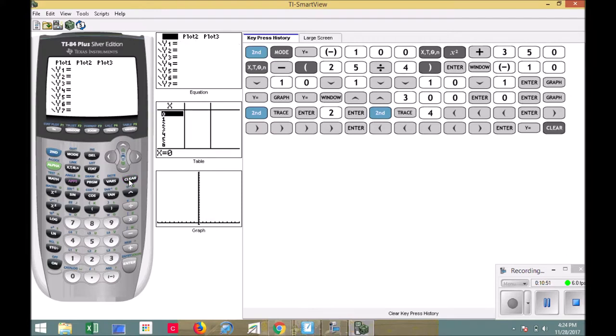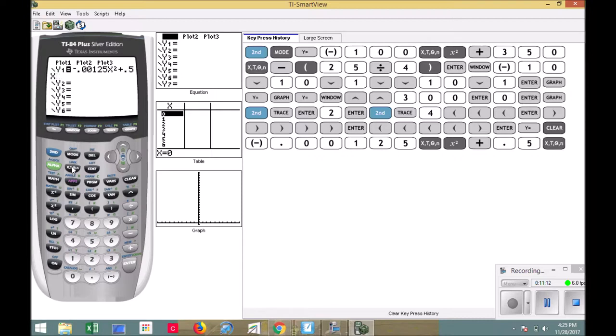Just clear it and write the next equation. So we have negative 0.00125 x squared plus 0.5x plus 200.